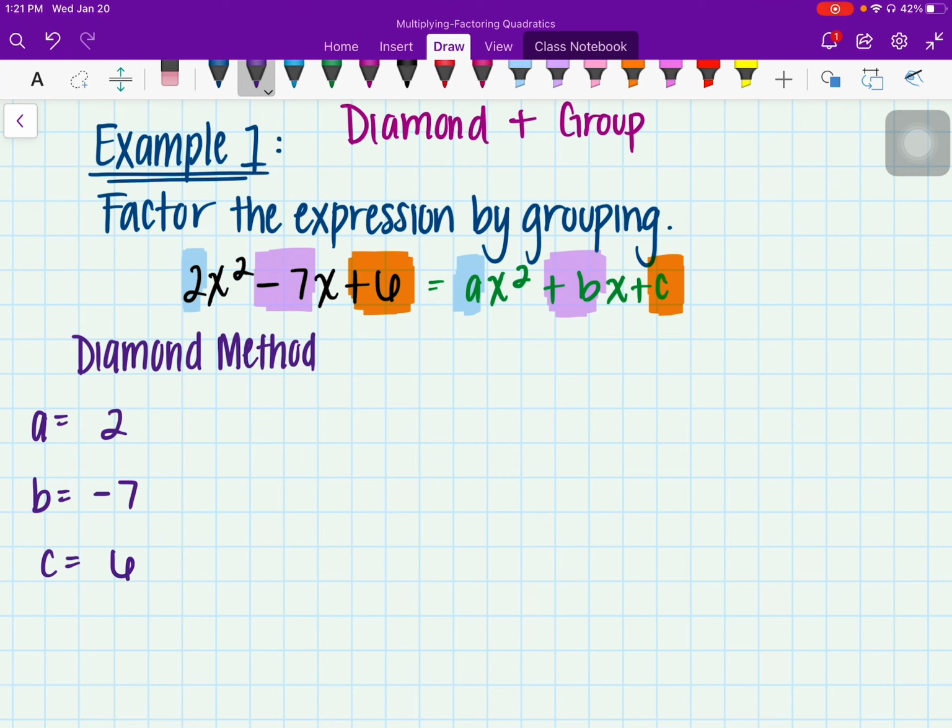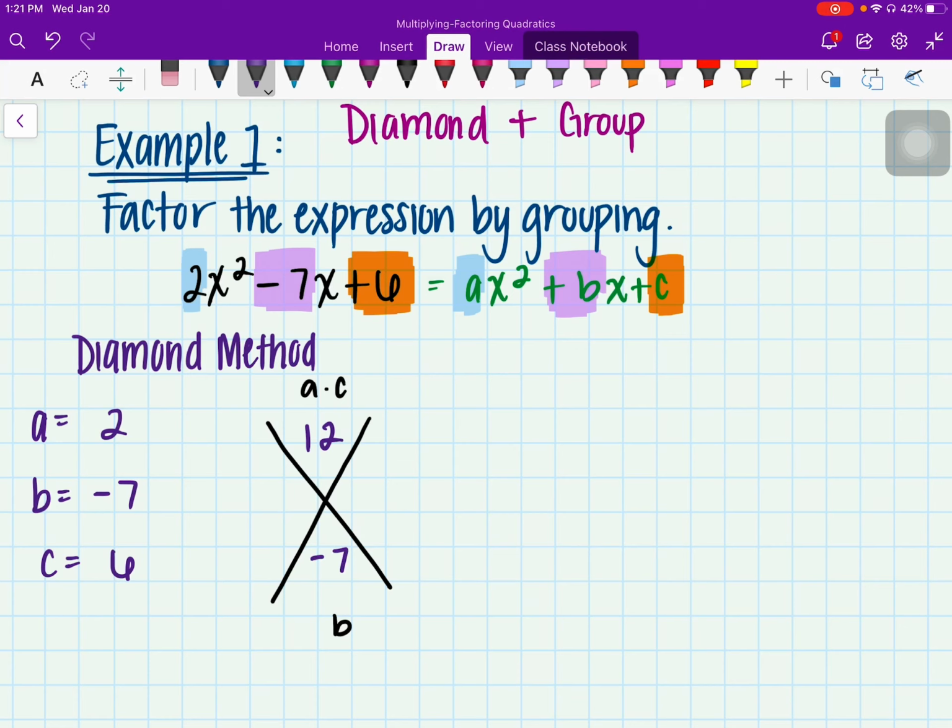So once we've identified these coefficients, these constants here, we want to label our diamond. So I'm drawing out my diamond, and I know that above my diamond is a times c, which is the product, and on the bottom we have our b value. So in this case, guys, a times c is going to give us 12, and b in this case is -7.